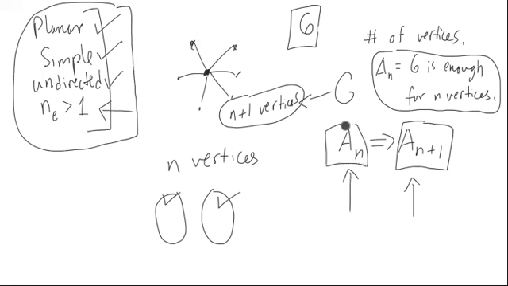Where did we use this assumption? We used it when we said we're using a graph with N vertices or even less than N vertices. We could have said, in particular, any subgraph of this. If we assume that 6 is enough for this, then 6 is enough for any subgraph of this, which means any graph with fewer than N vertices. So that's where we use the assumption.